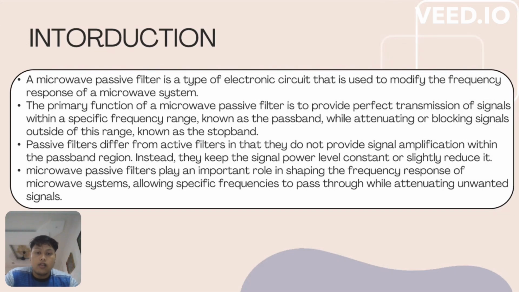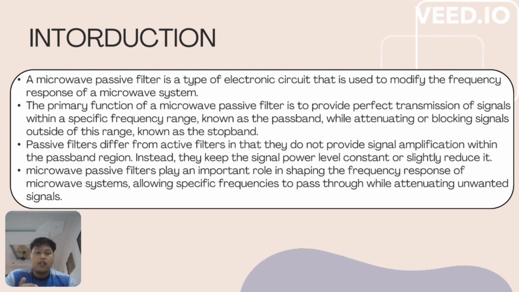this is an introduction. Firstly, a microwave passive filter is a type of electronic circuit used to modify the frequency response of a microwave system. The primary function is to provide perfect transmission of signal within a specific frequency range, known as the pass band, while attenuating or blocking signals outside this range, known as the stop band.